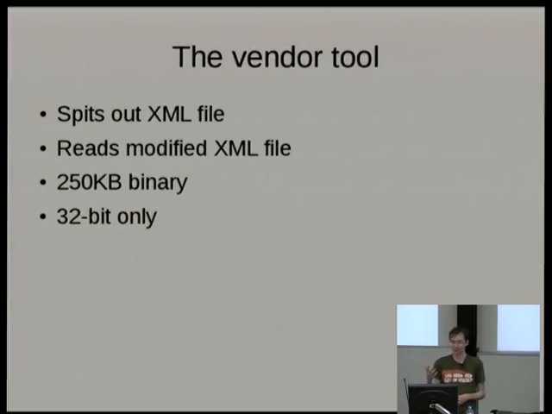The vendor in question supplied a tool that did this. It is a small, well, it's not actually particularly small. It's a 250 kilobyte binary. You run it on the system that you wish to configure, or on an example of the system that you want to configure. And it spits out an XML file. And the XML file contains every configuration option, the current value, and the possible values.